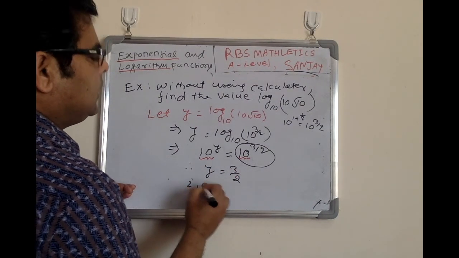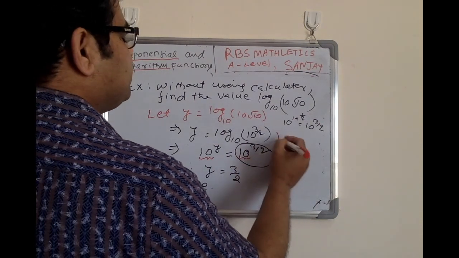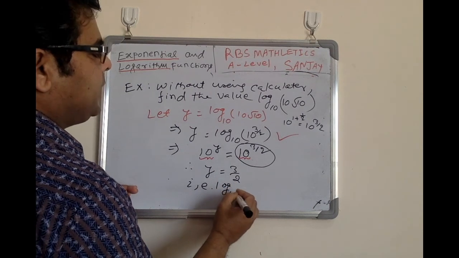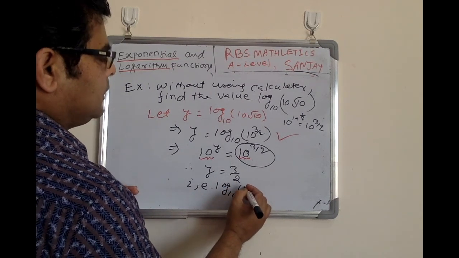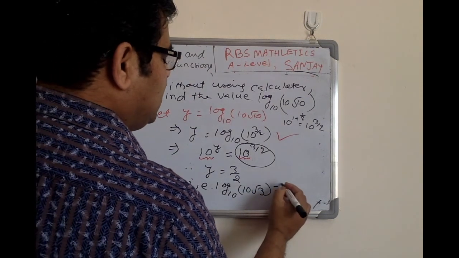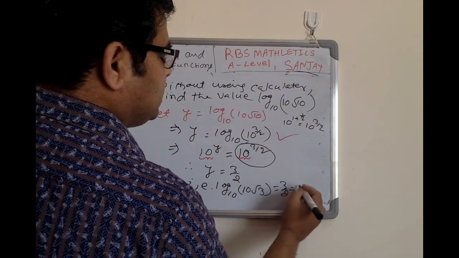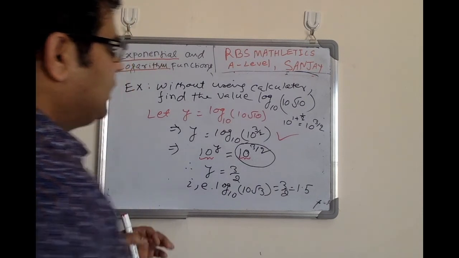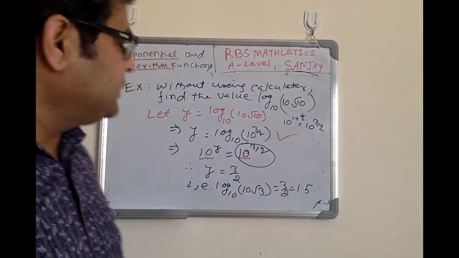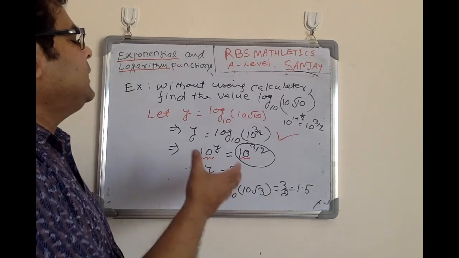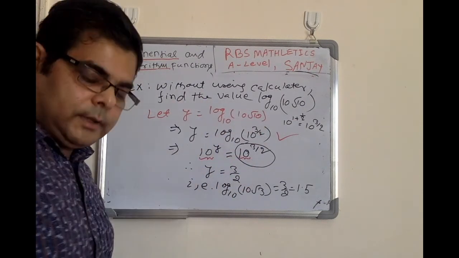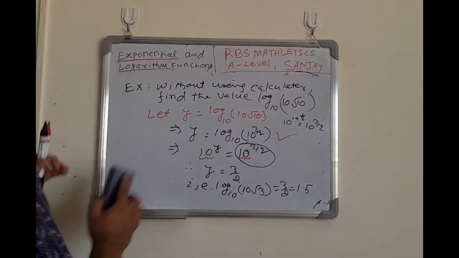That is, we supposed y as log base 10 of 10 root 10, and your answer is 3 by 2. You can write it in decimal form also, that is 1.5. So in this way, without using a calculator, we can also evaluate the log value.